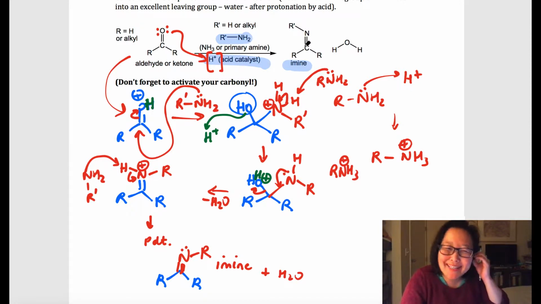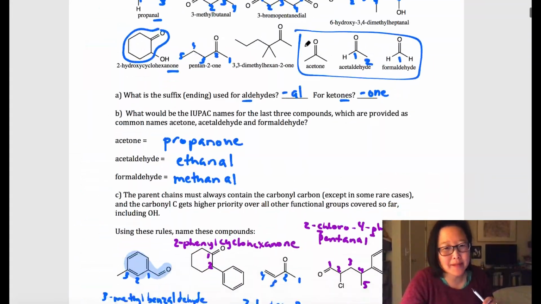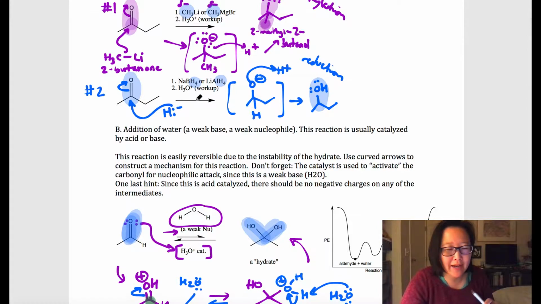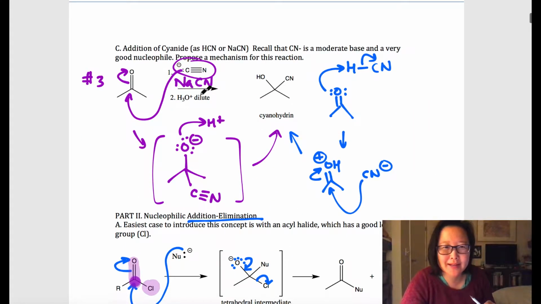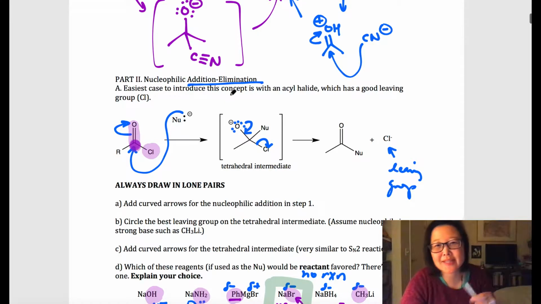So what I recommend is you do this with all the reactions we've done so far. You've got your acyl addition reactions, nucleophilic addition, like the stuff we did at the very beginning with the Grignard, and the hydride ion, and the cyanide. So that's one thing. And then you practice your nucleophilic addition elimination.